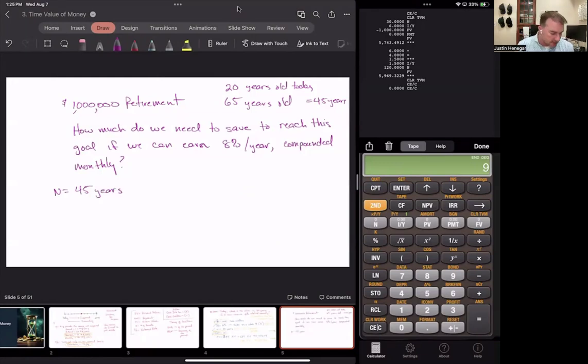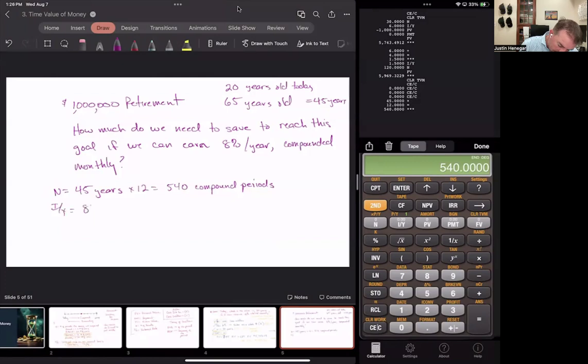So how many months is this going to work out to? Well, we have 12 months in each year. So I'm going to get my calculator: 45 times 12. So we have 540 compound periods.